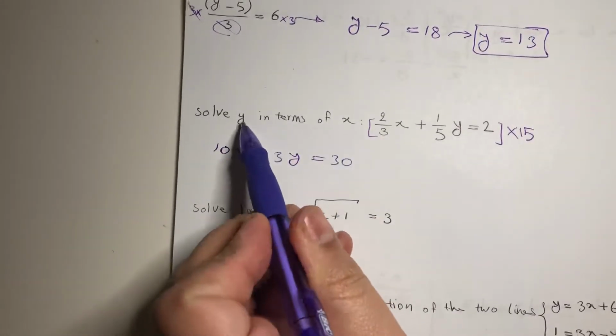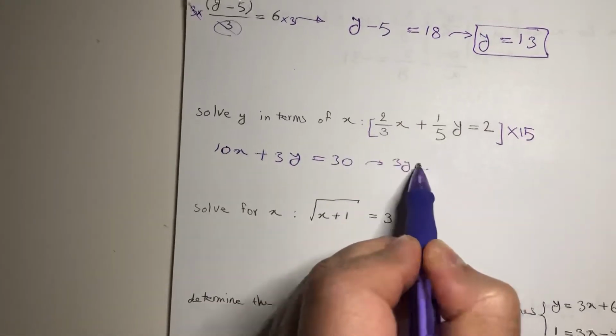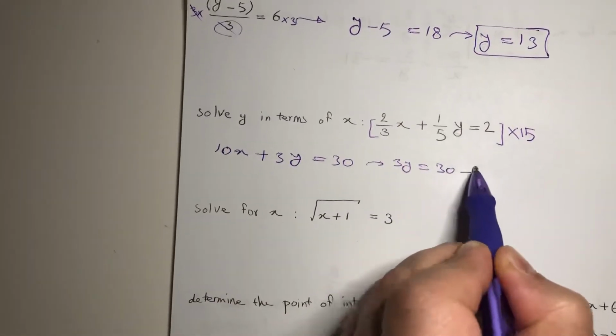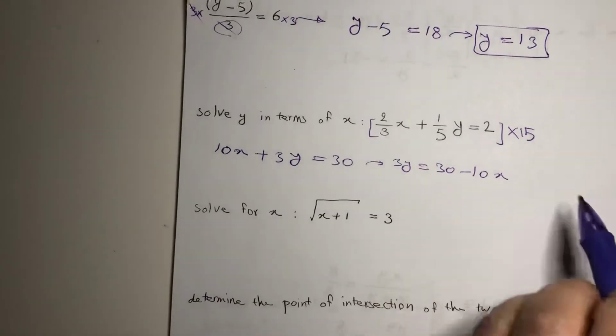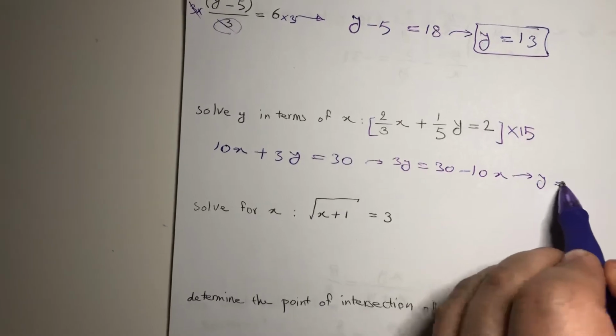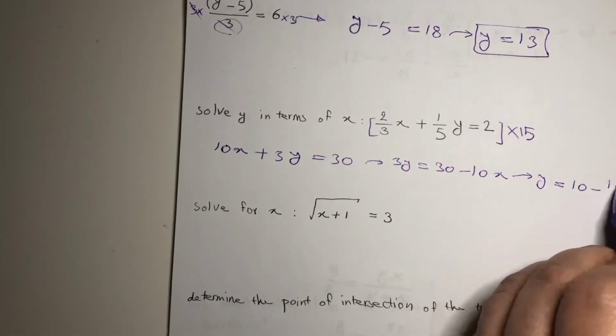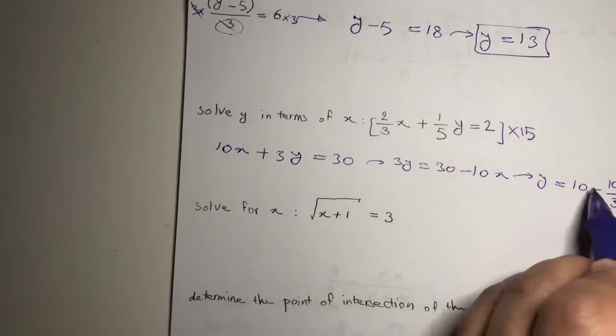Now we want to find y in terms of x, right? 3y equals 30 minus 10x. y equals 10 minus 10 over 3 x.